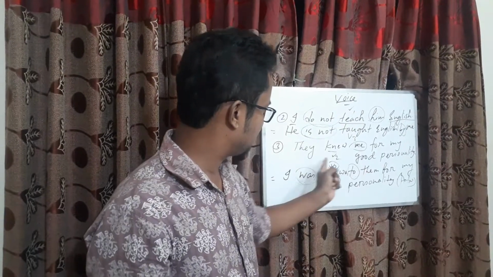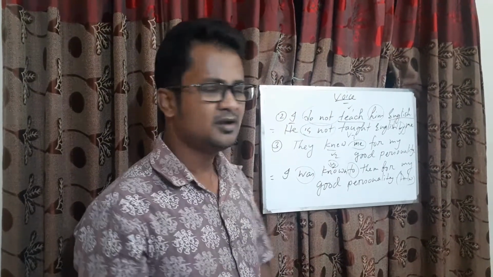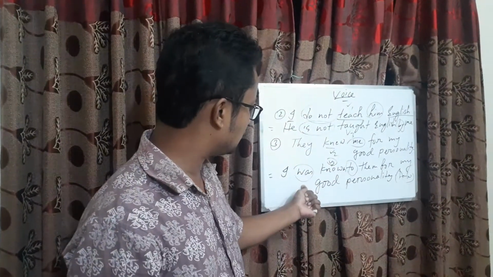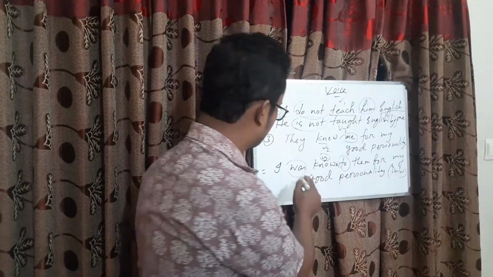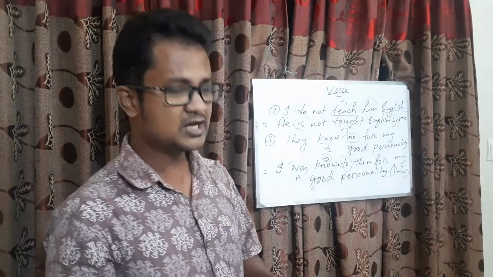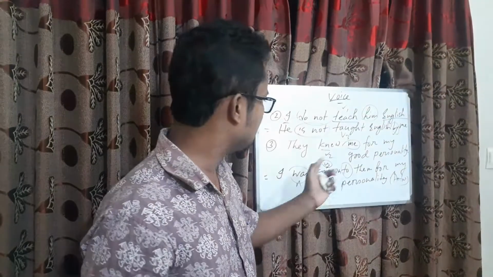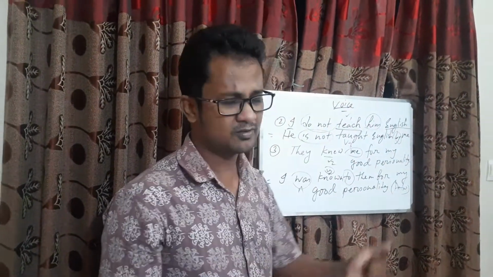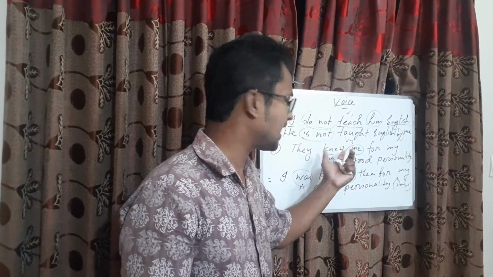So "them" will be the subject "they". And whenever you see "was" or "were" as an auxiliary verb, you will not take it when transferring into active voice.